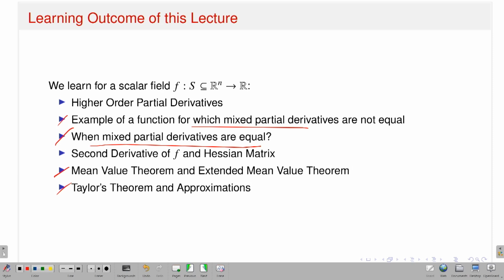Since I have introduced the notion of derivative for vector valued functions of a vector variable, or in particular a scalar field, do I have a notion of Taylor's theorem, and if there is any, what will be the corresponding statement, and are there any applications for that? That is the tentative plan for this lecture.